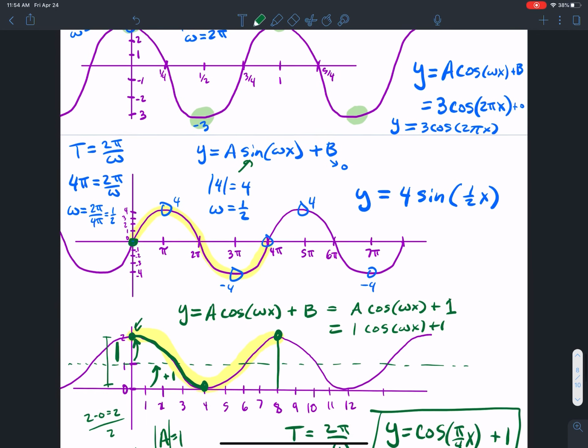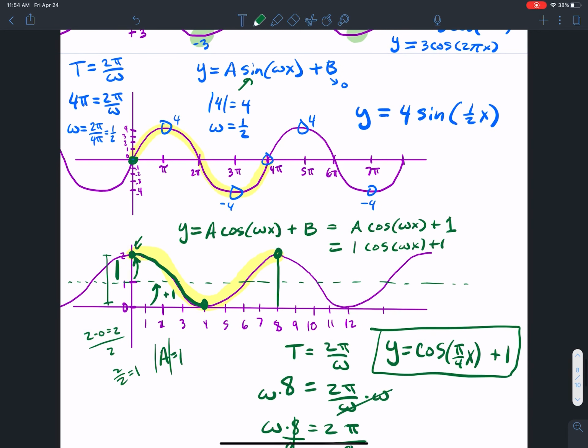Then maybe I'm dealing with cosine. If it's starting halfway between the incline and the decline, then that's the sine. But if it's starting at a peak or a valley, then that would be the cosine.